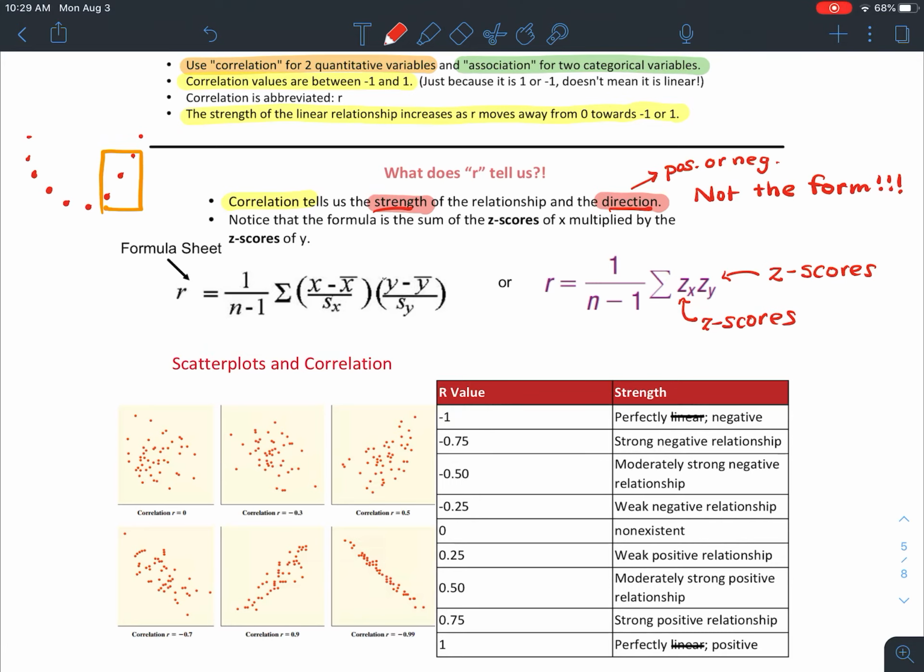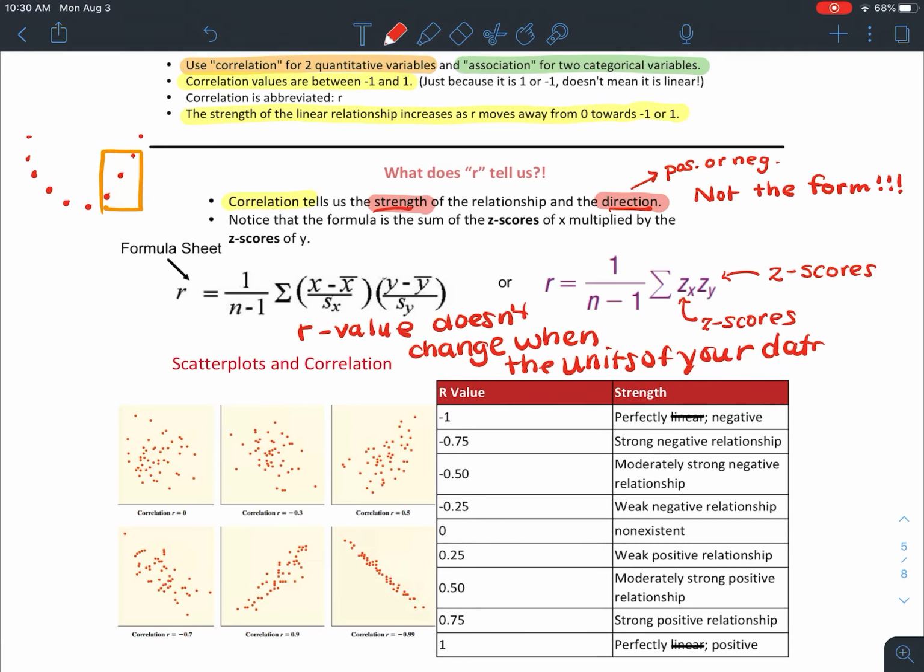The reason that I mentioned that is when we talk about transformations, we know that measures of center and location are affected by multiplication and division and addition and subtraction. Measures of spread are only affected by multiplication and division, but we learned that the z-scores are not impacted at all by any transformation. What that means is the R value, or the correlation, doesn't change when the units of your data set change.